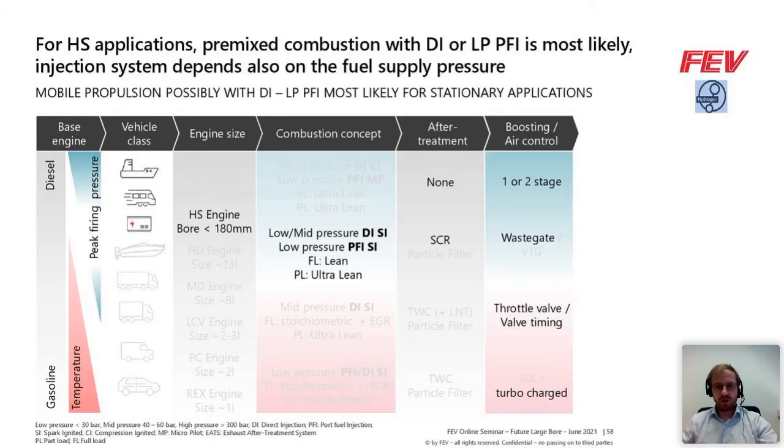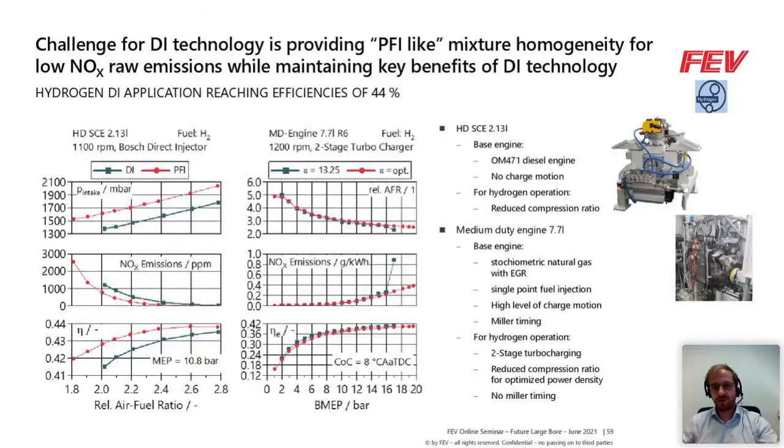So we are going to have a closer look into the hydrogen internal combustion engine on this slide. Here we have summarized two of the major challenges regarding the hydrogen internal combustion engines with results from our testing on a heavy duty, but also a medium duty engine.